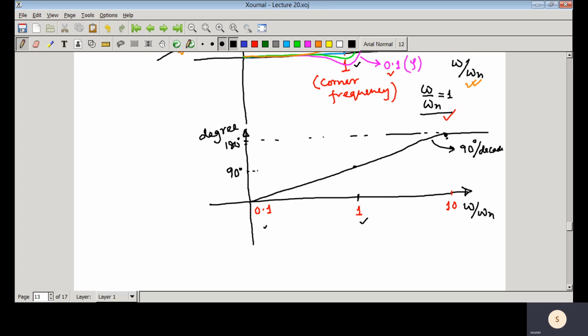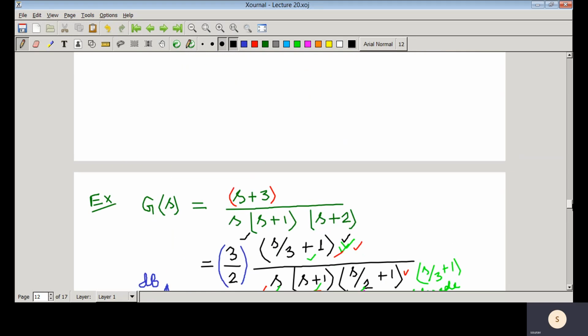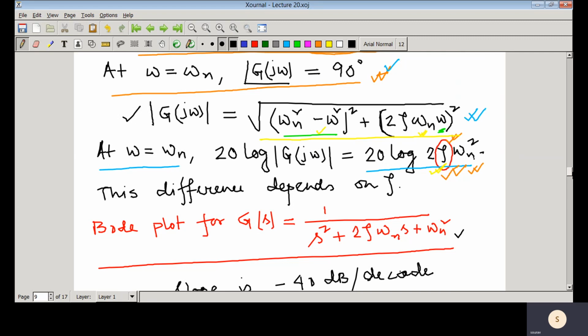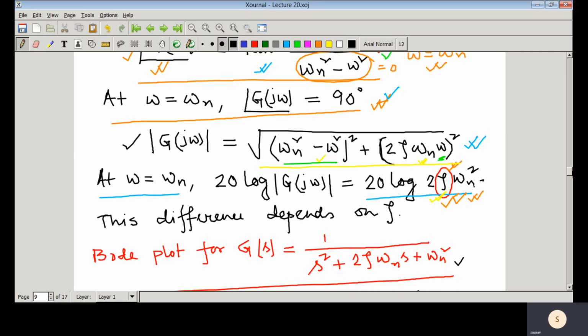Now what happens whenever zeta varies, because we have seen that at omega equal to omega n, that means at corner frequency, that angle remains always constant, that is 90 degree. It is independent of zeta.